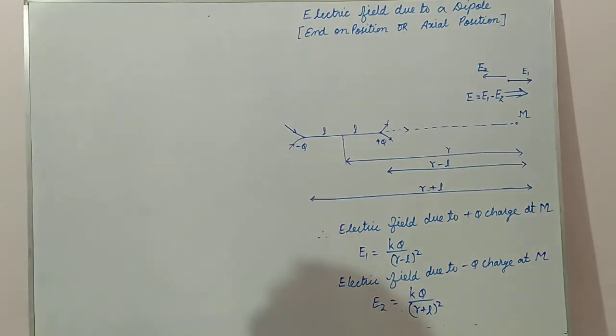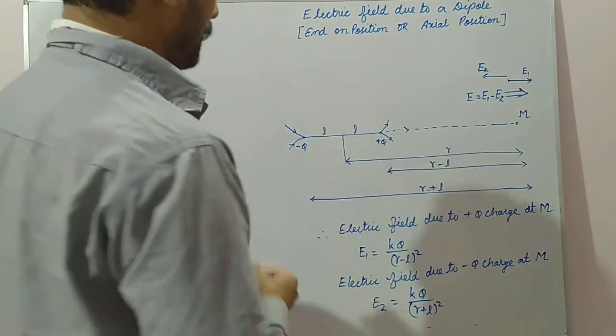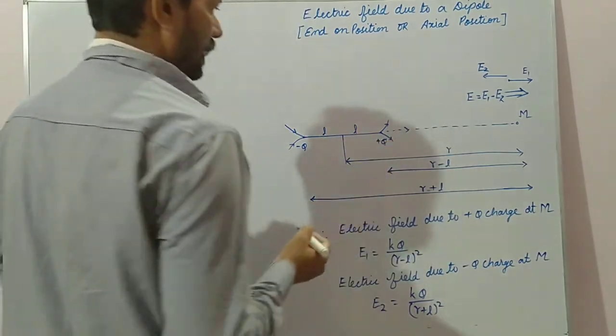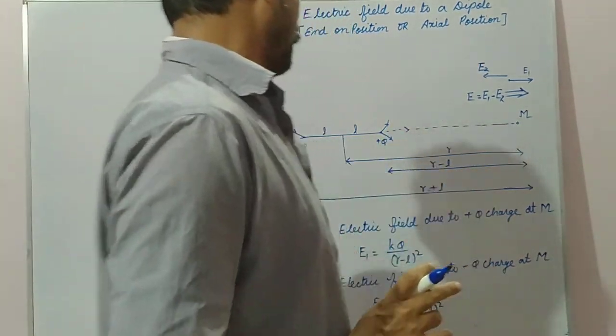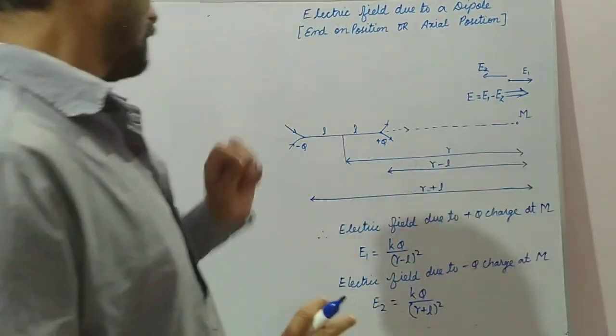Now, the electric field acting at M due to plus q charge will be kq by this distance, r minus l the whole square. Due to minus q charge, that is kq by this distance, r plus l the whole square.